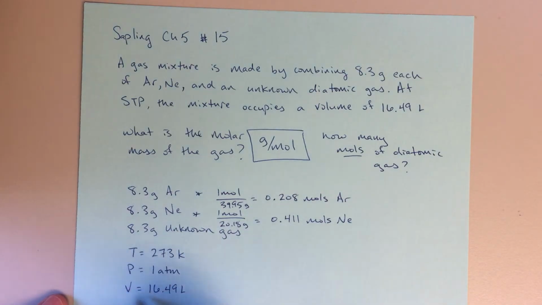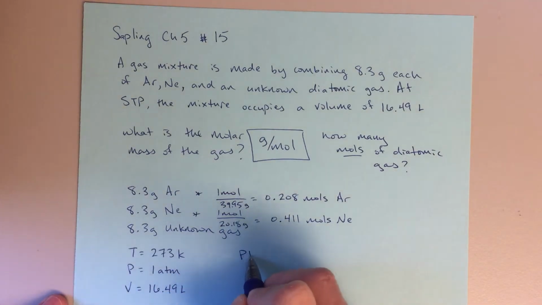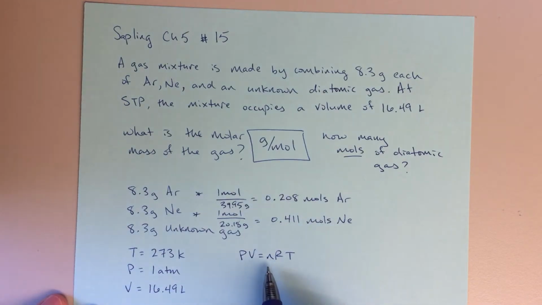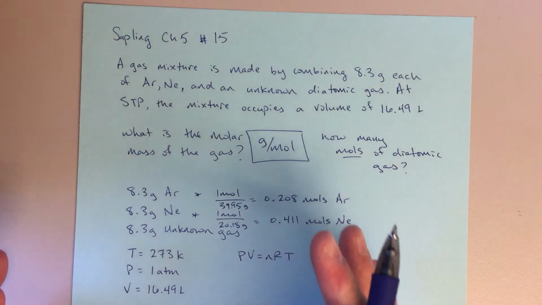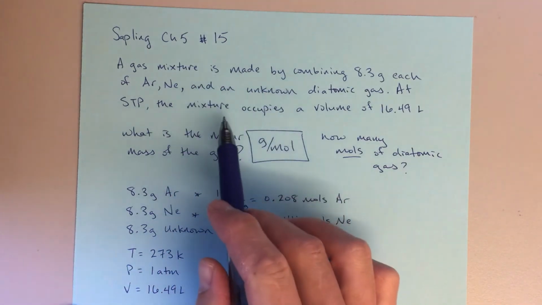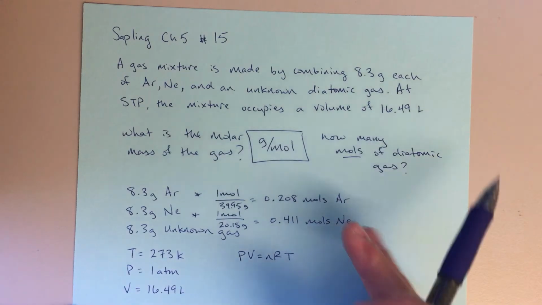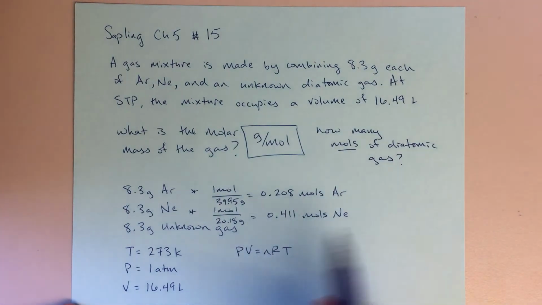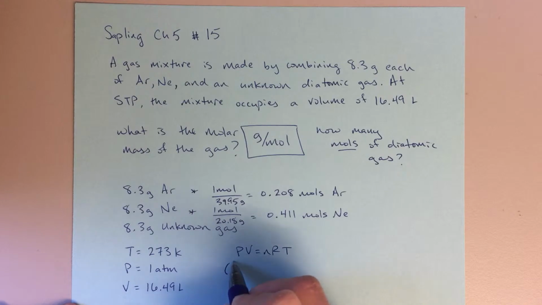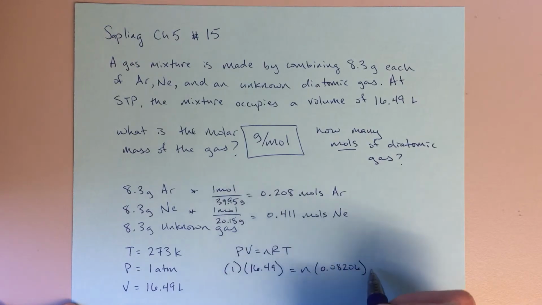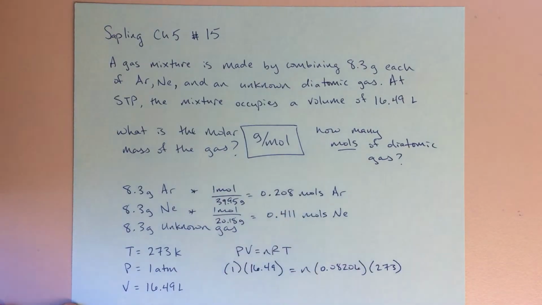So using this information down here, I can solve PV equals nRT, and that's going to give me the total number of moles in my entire system, right? So if I go back to my question, at STP, the mixture occupies this volume, and that's the mixture of all of the gases. So if I use PV equals nRT, my pressure is 1, times 16.49 equals n, and then 273 as my temperature because of STP for Sapling.